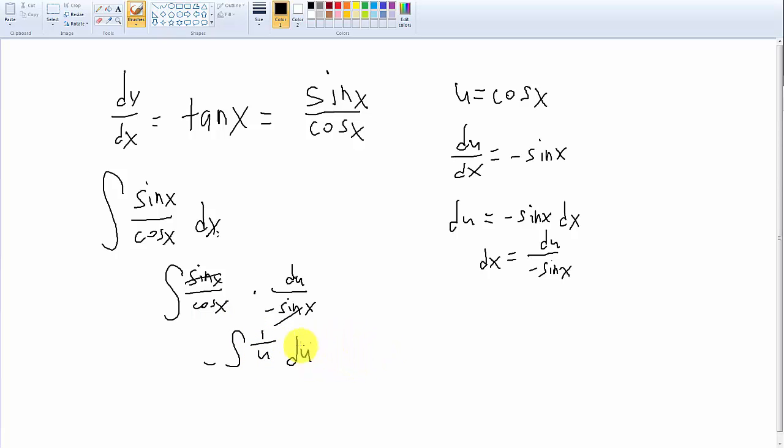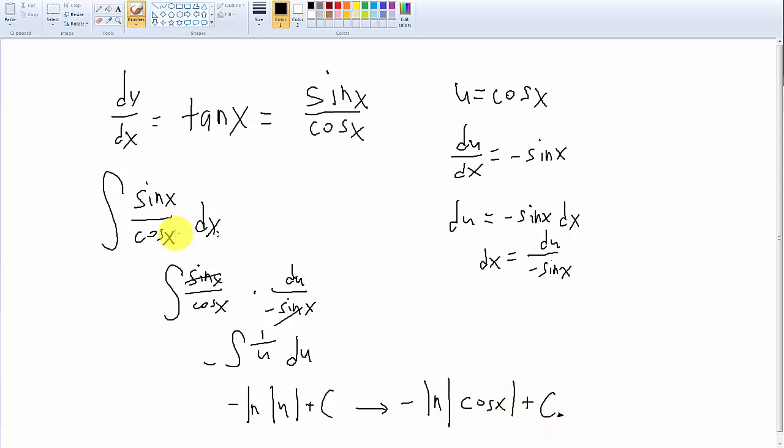And well, the integral of 1 over u is the ln of the absolute value of u. So evaluating the integral, we have ln absolute value u plus c, which, plugging back u in terms of x, is negative ln of cosine x plus c.